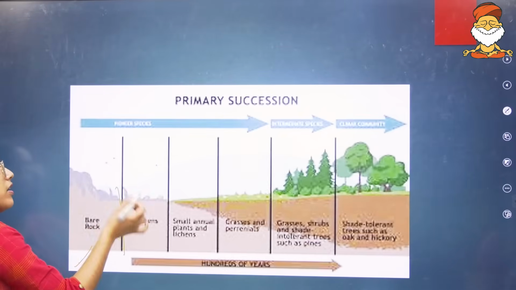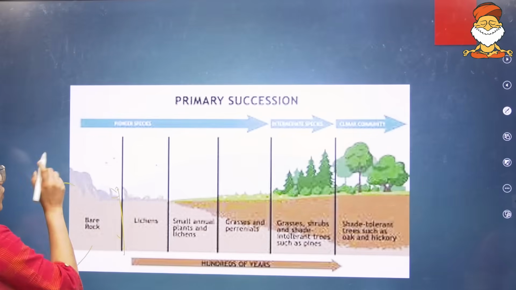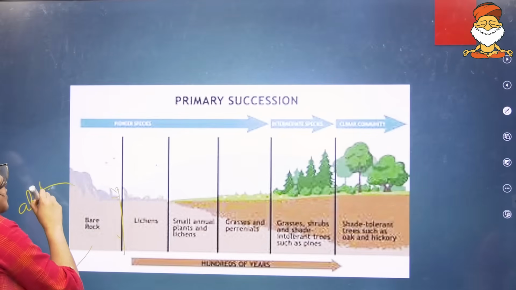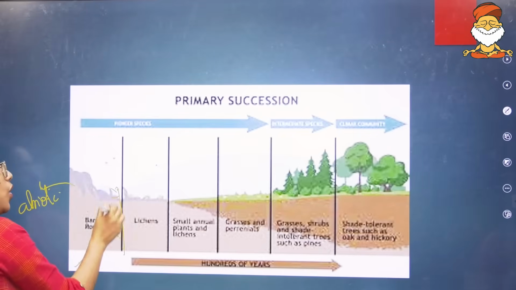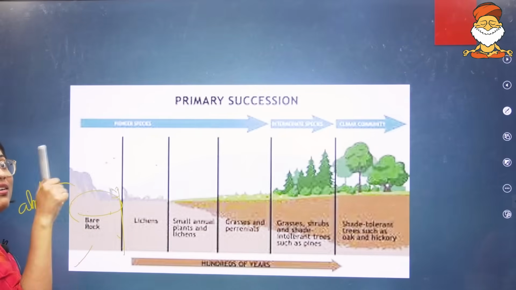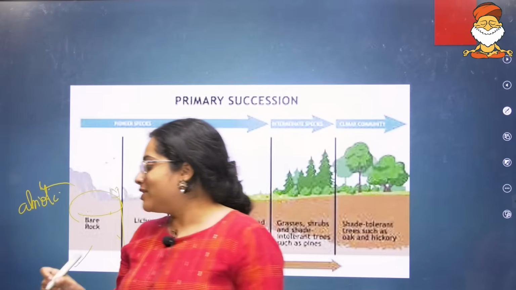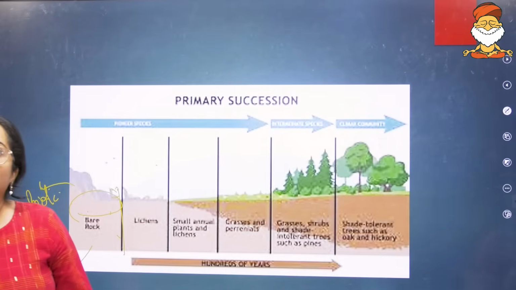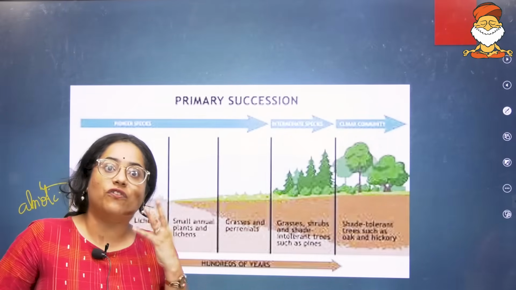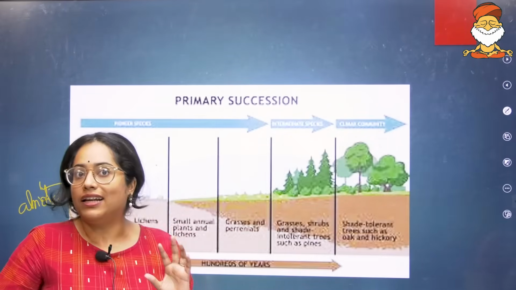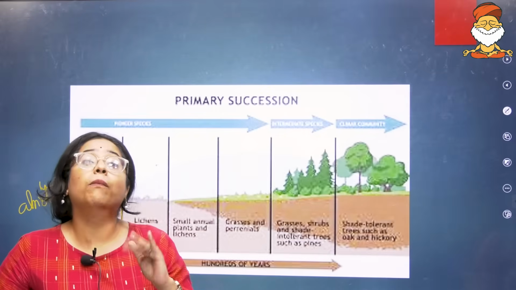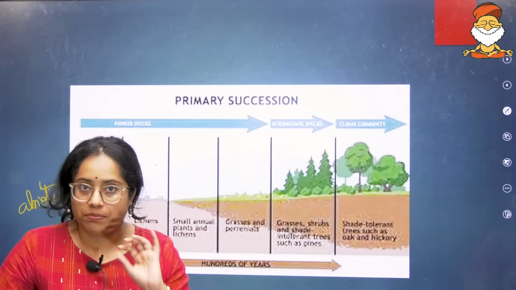That means here you just had abiotic factors. You might have had individual organisms, but still they are not a community. This is very important. Some people think that primary succession always has to start with bare rock. Nothing like that. The idea is that no community existed previously.